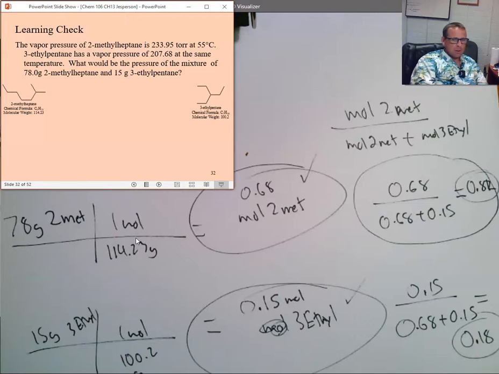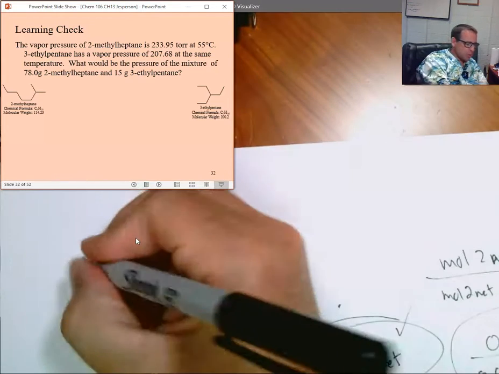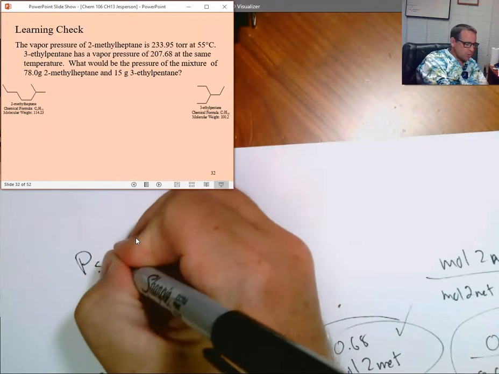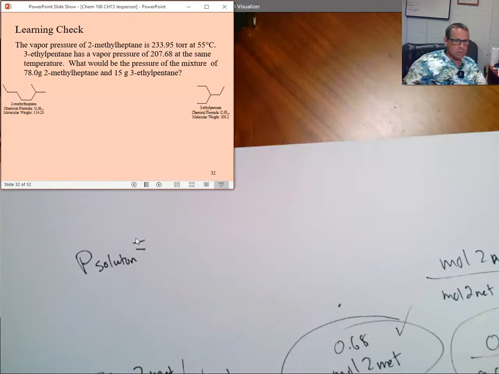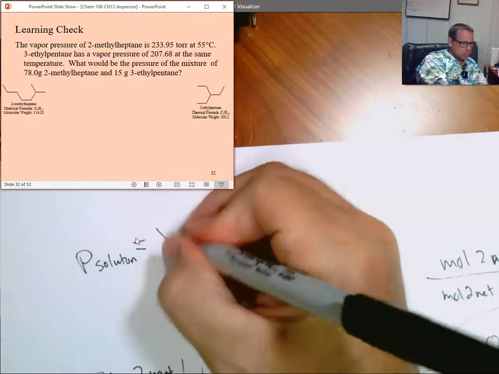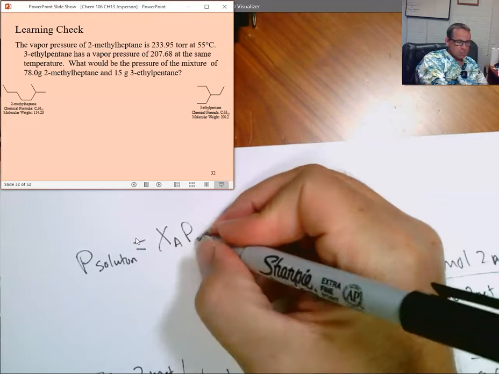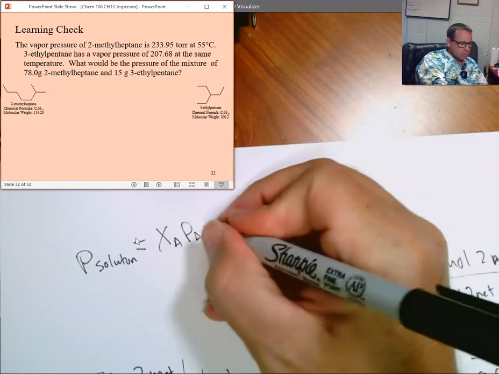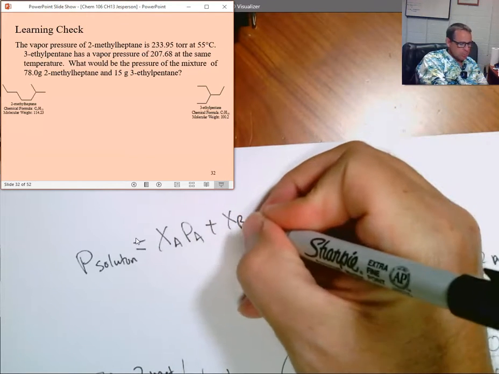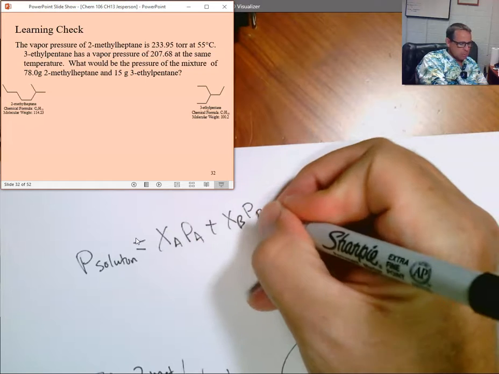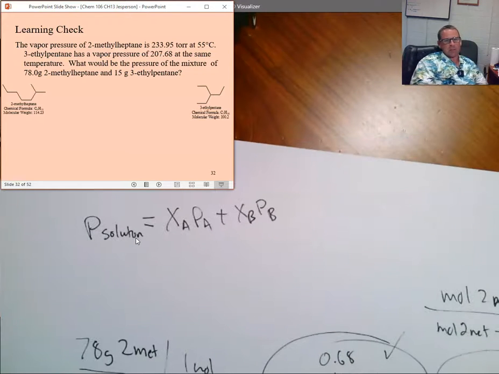Okay, very good. So the pressure of the solution will be equal to the mole fraction of whatever A is times the vapor pressure of A plus the mole fraction of B times the vapor pressure of B. All right.